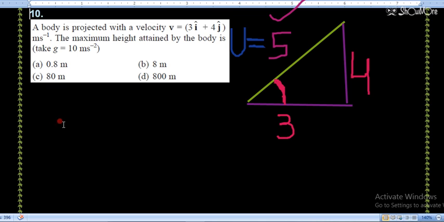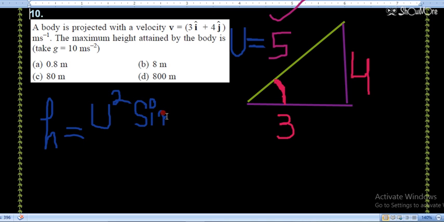So the maximum height will be equal to u square sin square theta. Yes, maximum height is u square sin square theta.